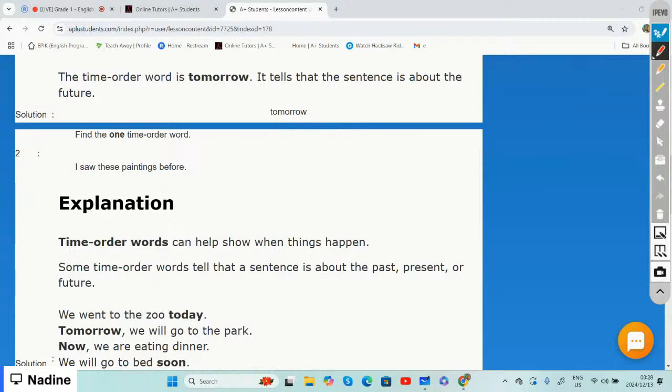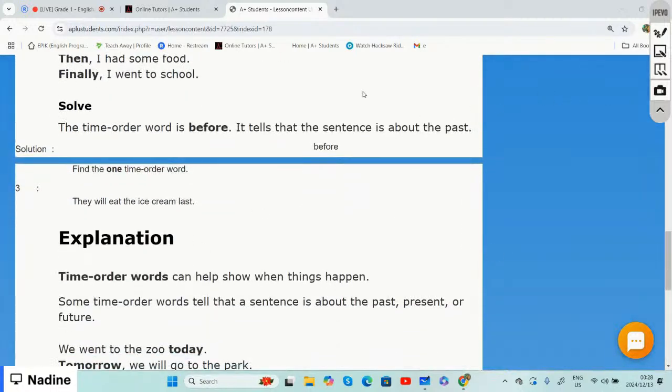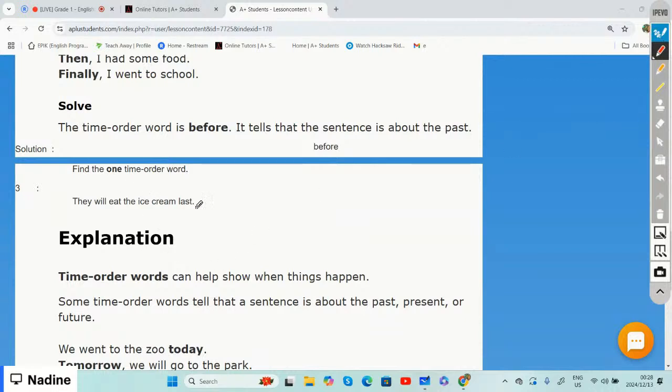And then the last one says, we need to find our one time order word. They will eat the ice cream last.